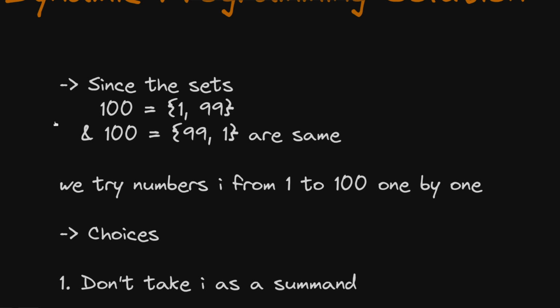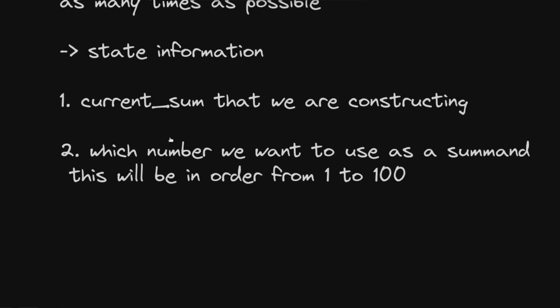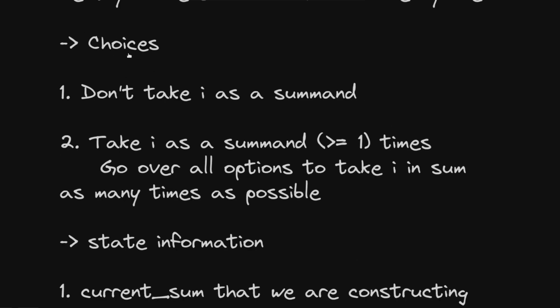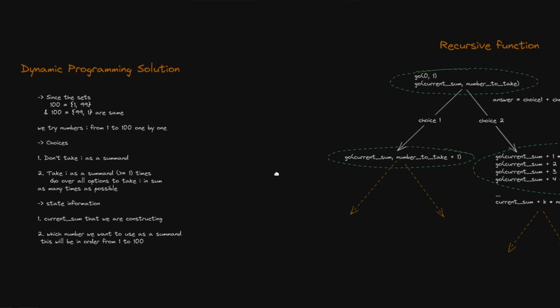Hence it was considered as one possible way entirely. So these two pieces of information are helpful. This second state will be incremented one by one based on what choices we use. If we took a choice in one state, then for the next state that is going to be called after this, the number that we want to take will be incremented by 1. So that is the main idea.